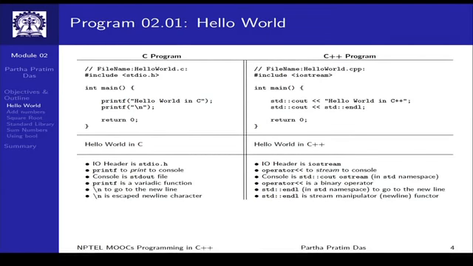Also note that the new line character, which was an escape character \n in C, can be used, but there is another way to go to a new line, that is called endl, which is a short form of end line, and we will learn later on that endl is basically a stream manipulator. So, we are trying to observe that the basic output in a C++ program can be done using cout and the output streaming operator.